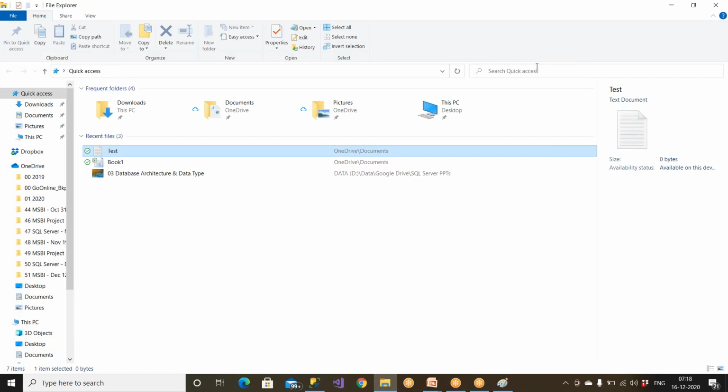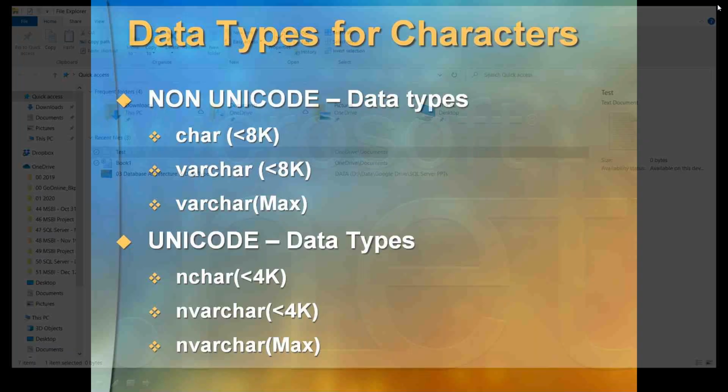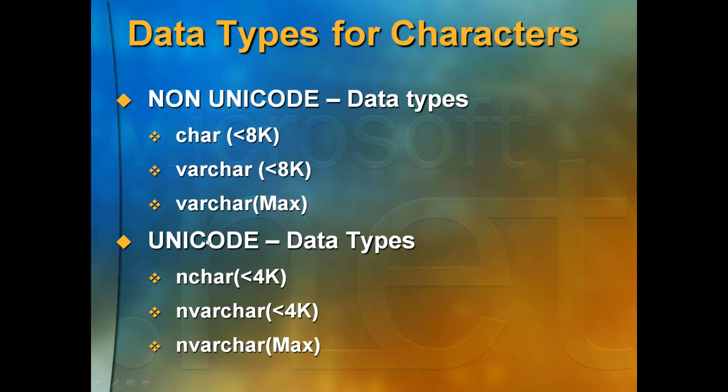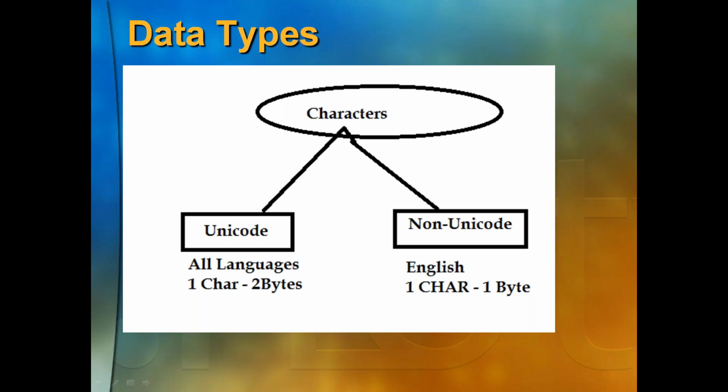So you can save any kind of data anywhere nowadays: Oracle, SQL Server, Java, .NET, everywhere you should be able to have your own language. If you have a script, clear? So this is what you should understand about character data, Unicode and non-Unicode. Any questions, guys?